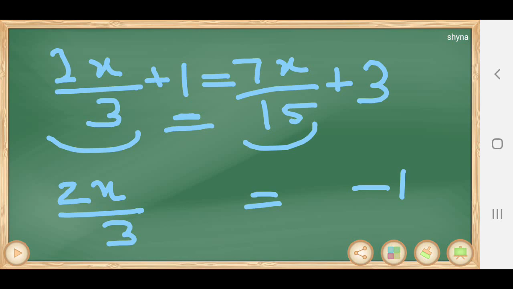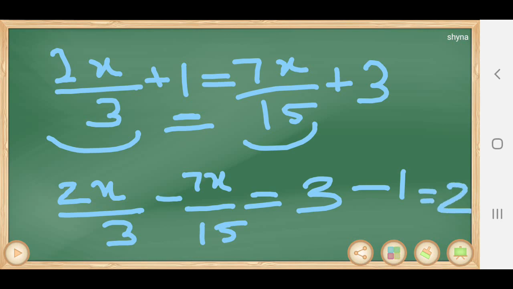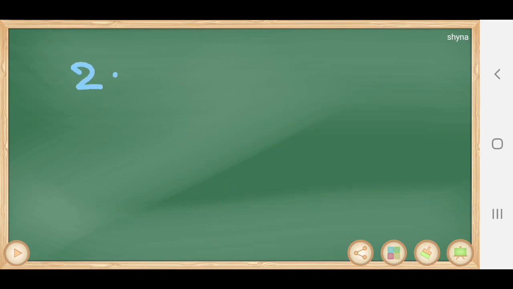Then this 7x by 15 you have to transpose to the LHS, so it will be minus 7x by 15. Then 3 is already there, no need to transpose. So what do we get? 2x by 3 minus 7x by 15 equal to 3 minus 1. What is 3 minus 1? 2. Then we can rewrite 2x by 3 minus 7x by 15 equal to 2.